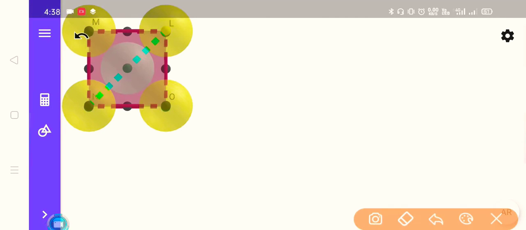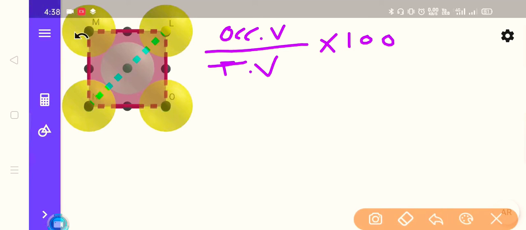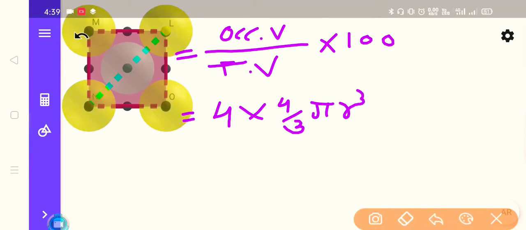So now let us find the packing efficiency of it. As mentioned earlier, our equation will be occupied volume divided by total volume multiplied by 100. So the occupied volume in this case is equal to 4 spheres. 4 spheres occupy volume in the FCC unit cell, and the volume of a sphere is equal to 4 by 3 pi r cube, divided by total volume.